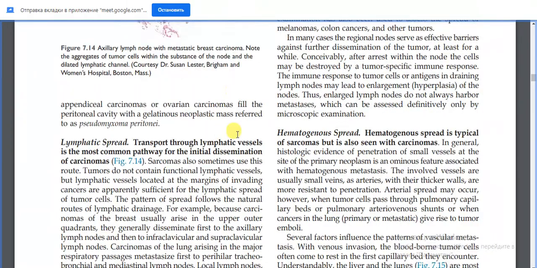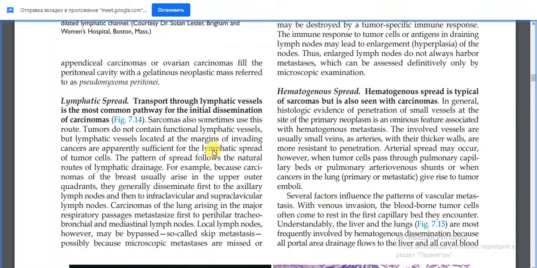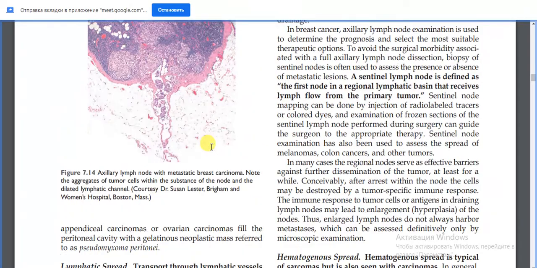Another wide way of spreading is lymphatic spread. I already said a little about this. Under every epithelium we have loose connective tissue, usually with blind-ended lymphatic capillaries. You remember where these lymphatic vessels travel to: the lymph nodes.